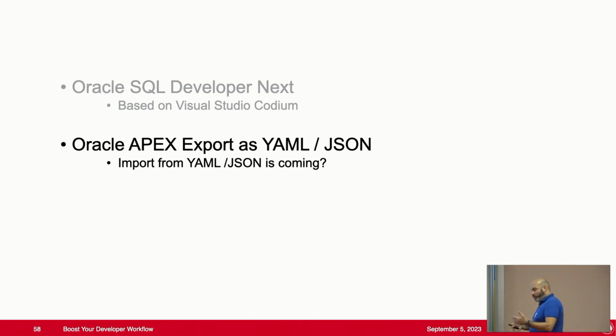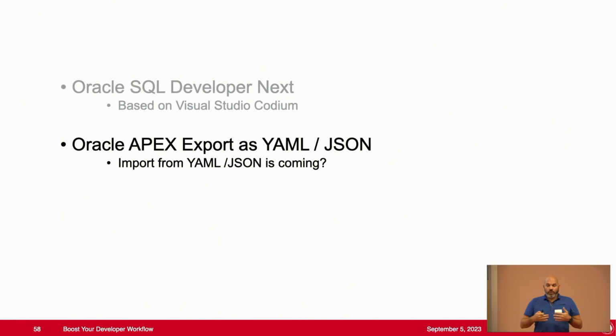What I'm also waiting for is, you saw that I was working with Git and comparing changes. Apex can export your application as YAML, so it's really easy to compare changes.